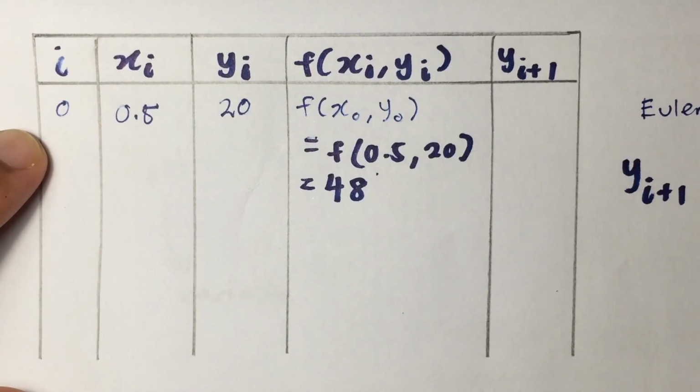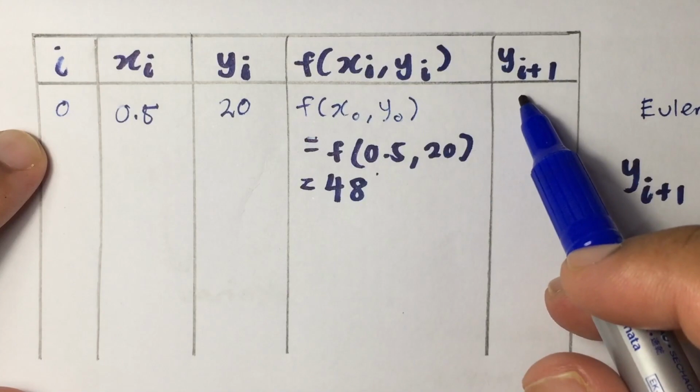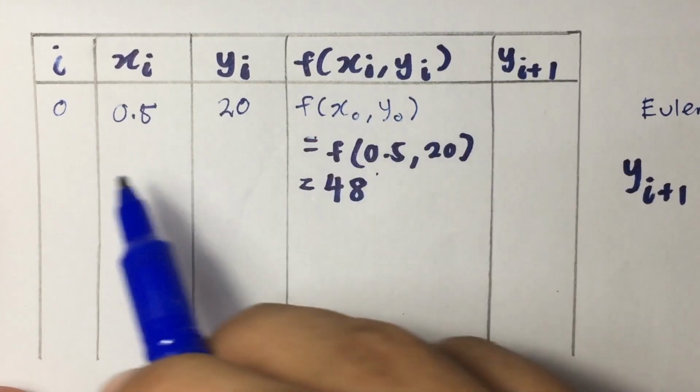Now we can proceed to calculate y_(i+1) at i equal to 0.